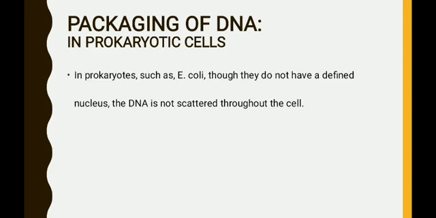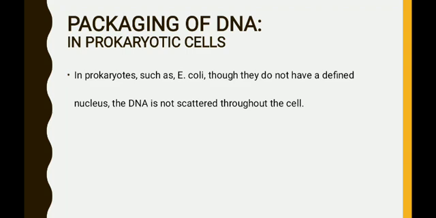See, in prokaryotes, the DNA molecules are located in the cytoplasm. There is no nucleus in prokaryotes. There is a naked DNA that is called the nucleoid. In prokaryotes such as Escherichia coli, though they do not have a defined nucleus, the DNA is not scattered throughout the cell.